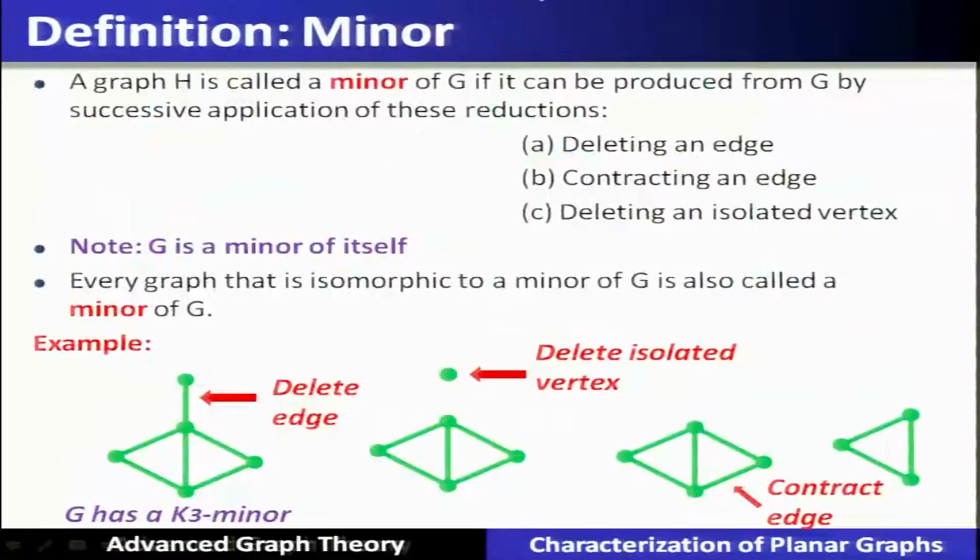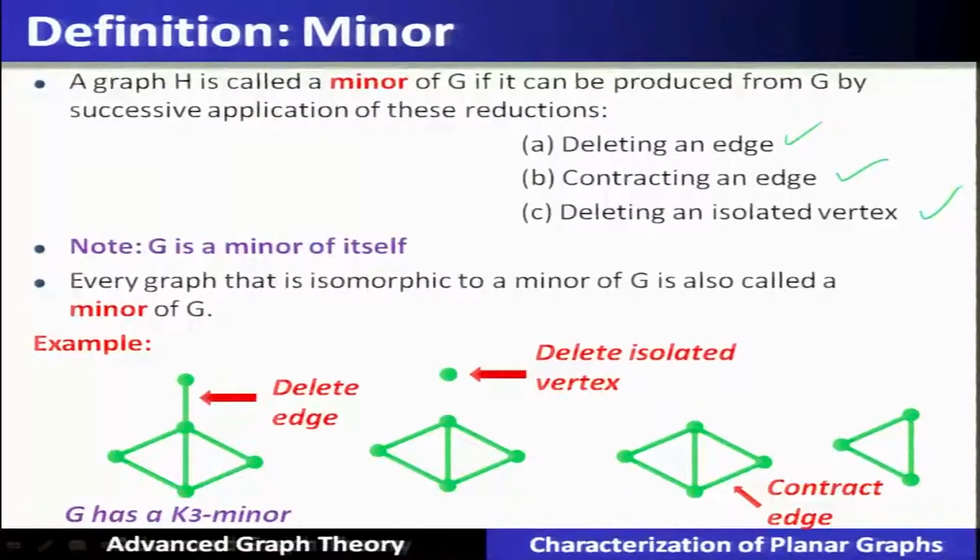Having understood edge contraction, let us define the minor of a graph. H is called a minor of a graph G if it can be produced from G by successive application of edge contraction, or by deleting an edge, or by deleting an isolated vertex.